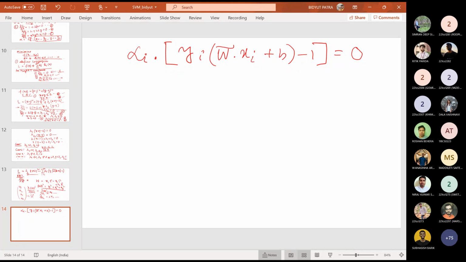Now, we have another constraint, alpha i greater than or equal to 0. If alpha i is not equal to 0, that means obviously the other factor is going to be 0.